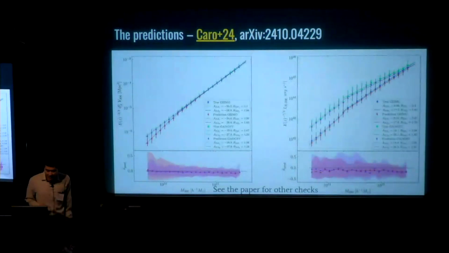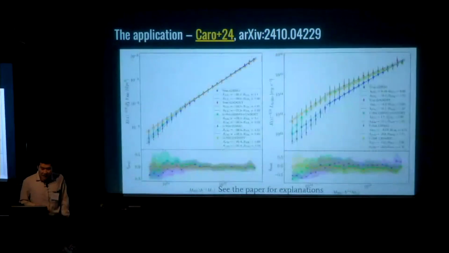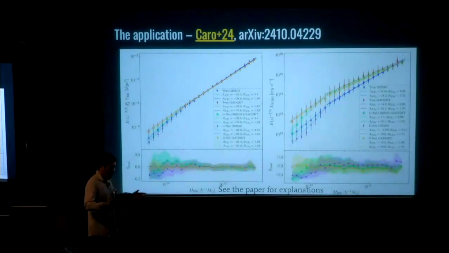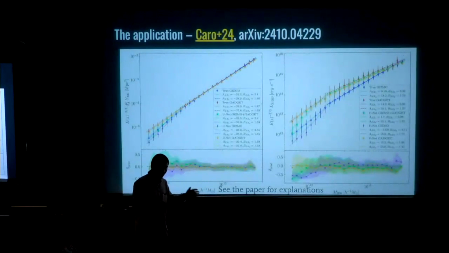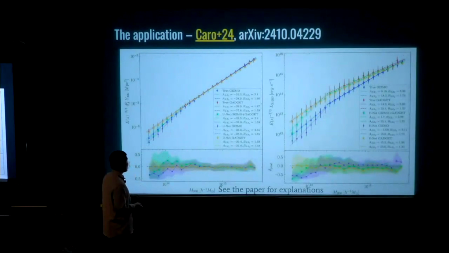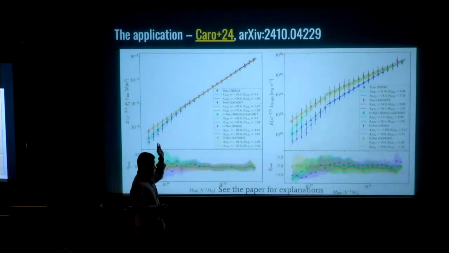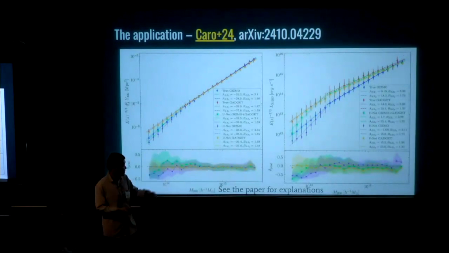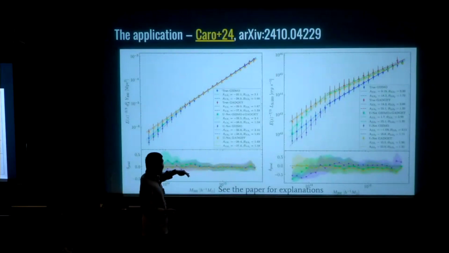Everything looks fantastic. But what we really want to do is apply this model to the dark matter only simulation. This is a test: you train on GIZMO and apply it to the dark matter to get the GIZMO result, and train on GADGET-X and you get the GADGET-X result.